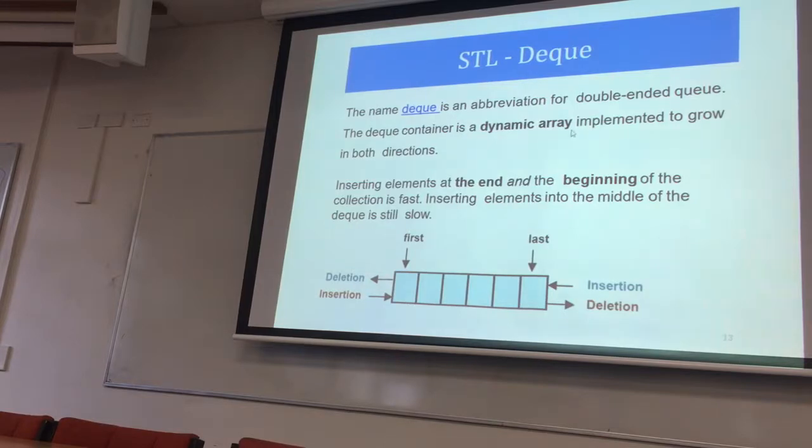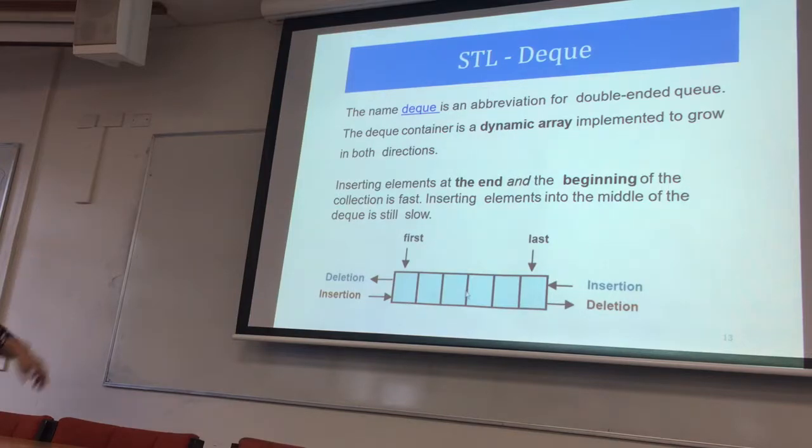So double-ended queue is the abbreviation, as you can see, and it's a dynamic array. And it's designed to perform well with working at the beginning and at the end of the queue. But again, they are linearly stored. As you can see, working at the ends is fast.